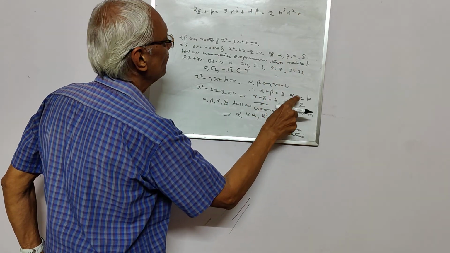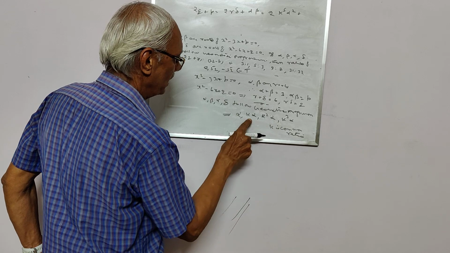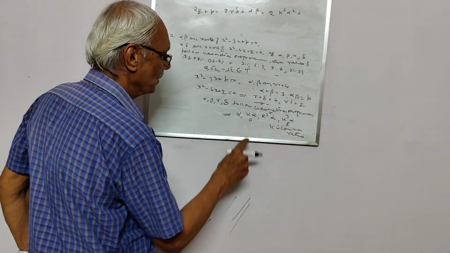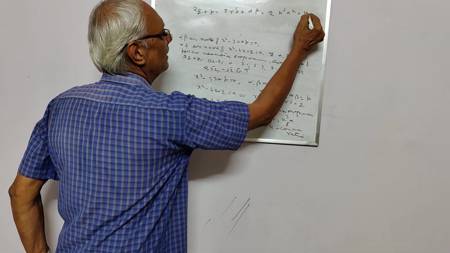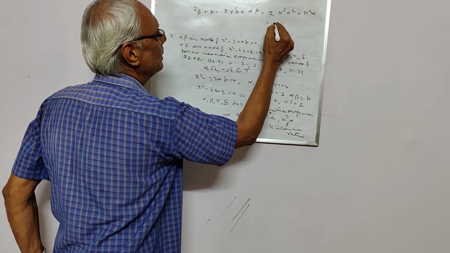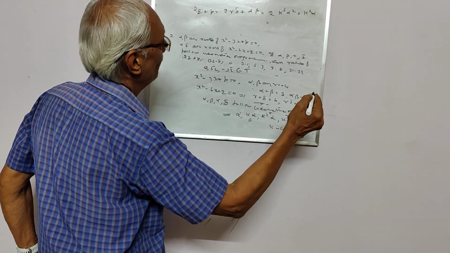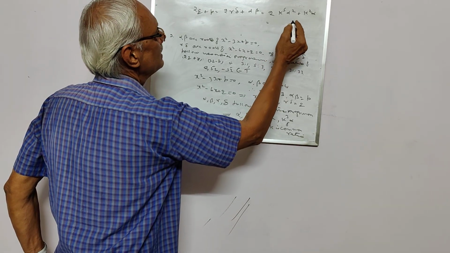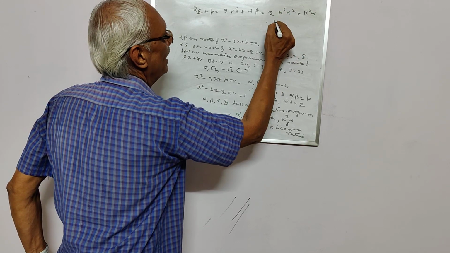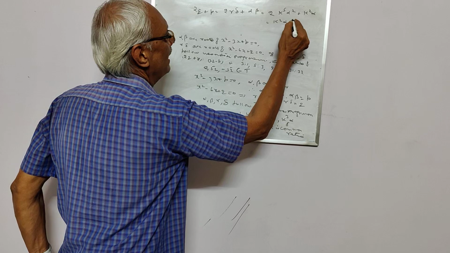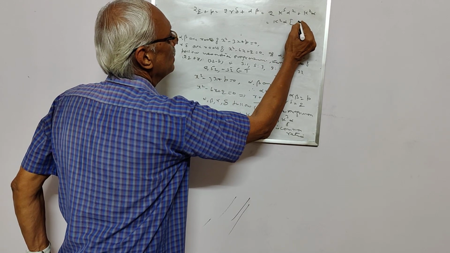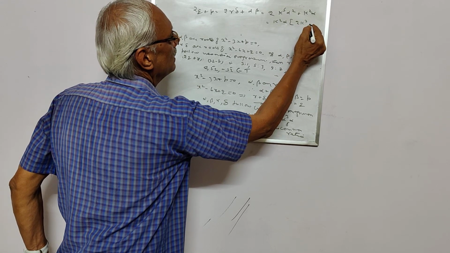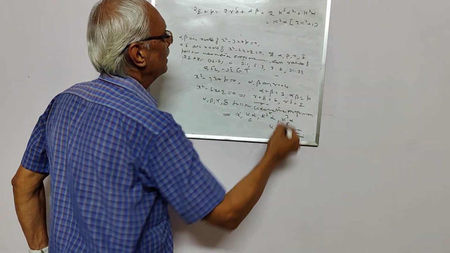In the place of beta, you write k alpha, so p is alpha times k alpha, which is k alpha squared. Taking the common factor, k squared alpha is common, so you get k squared alpha into 2k cubed plus 1.